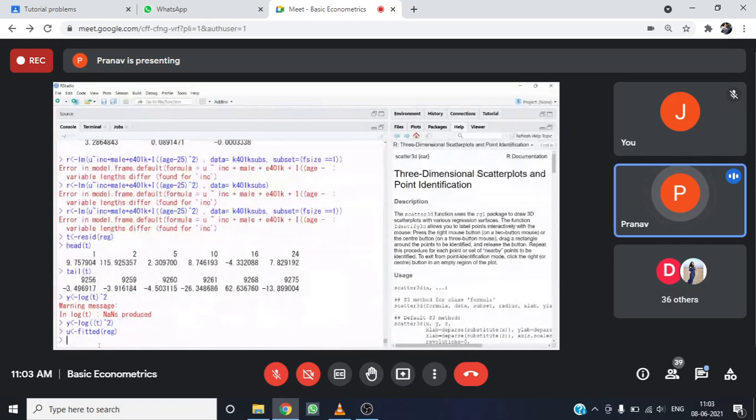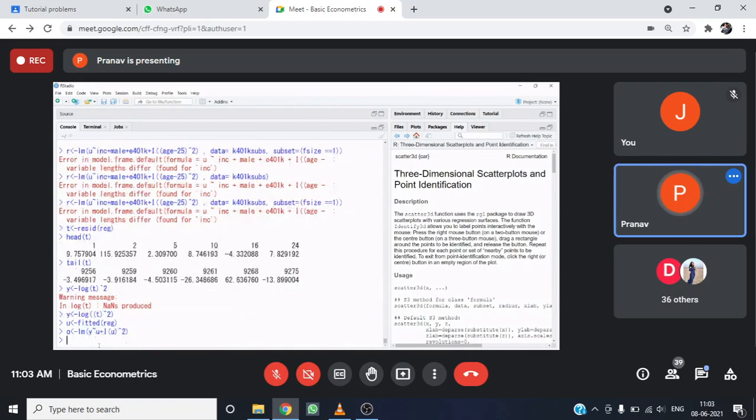Then I run a new regression where I'm running lm of y against u plus I(u square). Square is correct. Yes.